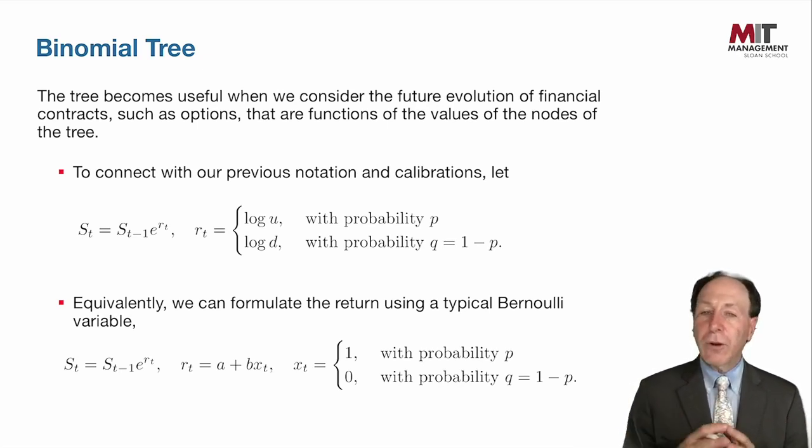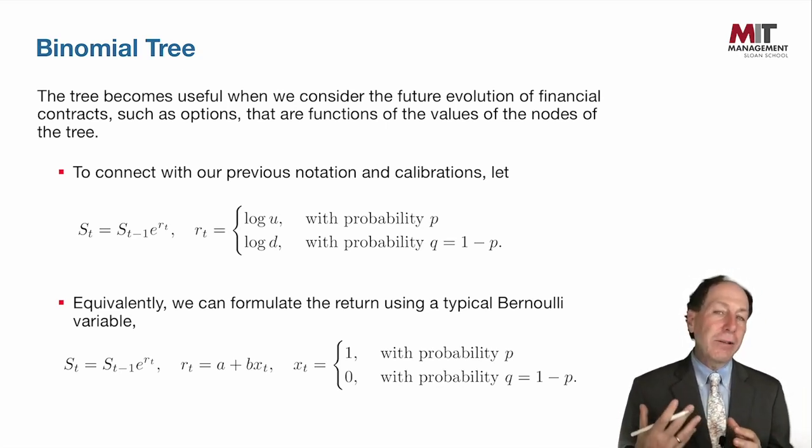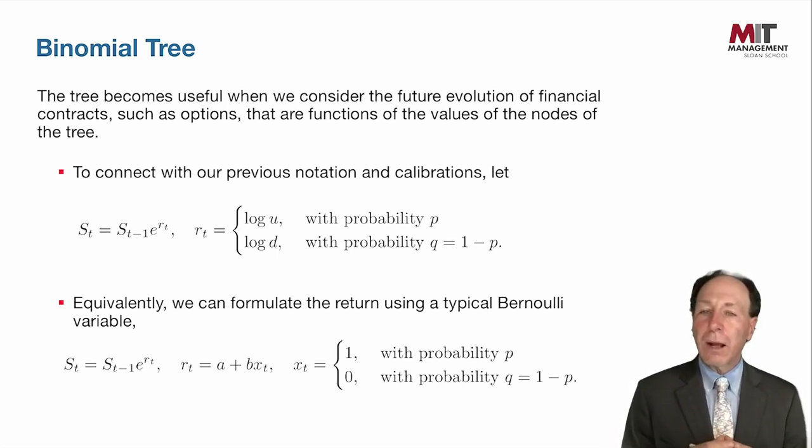Now, to be able to connect with our previous model, what we need to do is calibrate the tree. We need to be able to connect parameters on the tree with parameters of real-world stock prices.